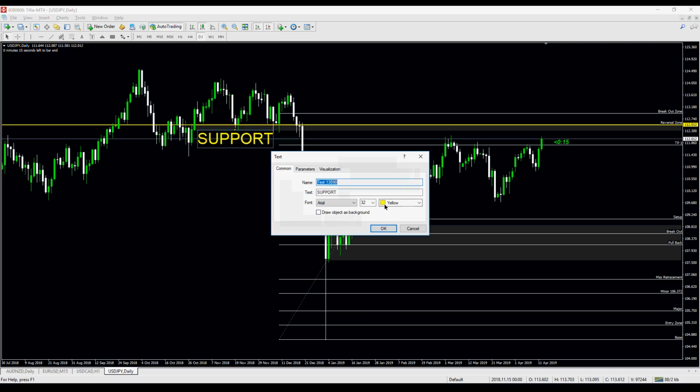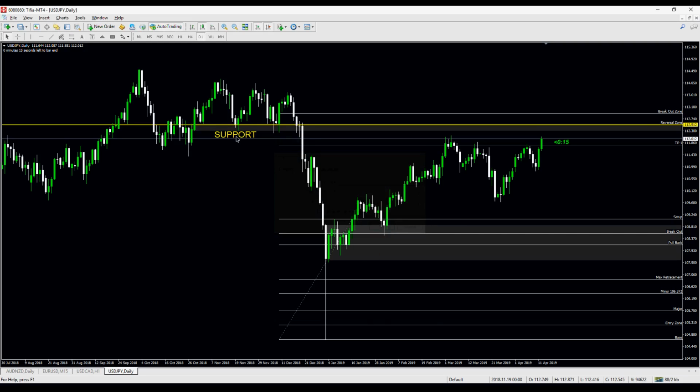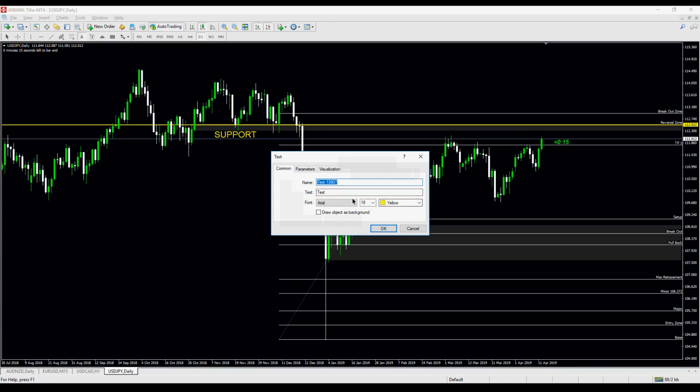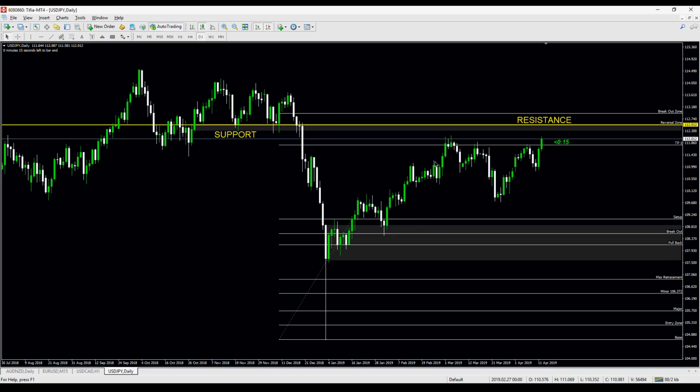Okay, that's too big. Let me just, okay, so this is now the support, and then where it's heading right now is the resistance. Okay, so next week we will be learning a little bit of support and resistance. I'm just going to go through a little bit right now. So this is what we call an SNR flip, support and resistance flip.